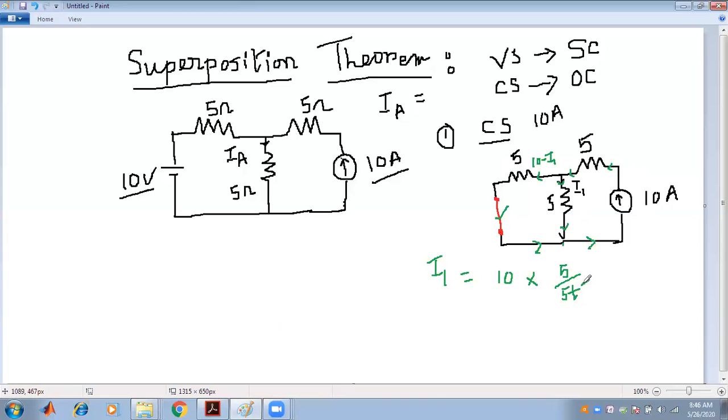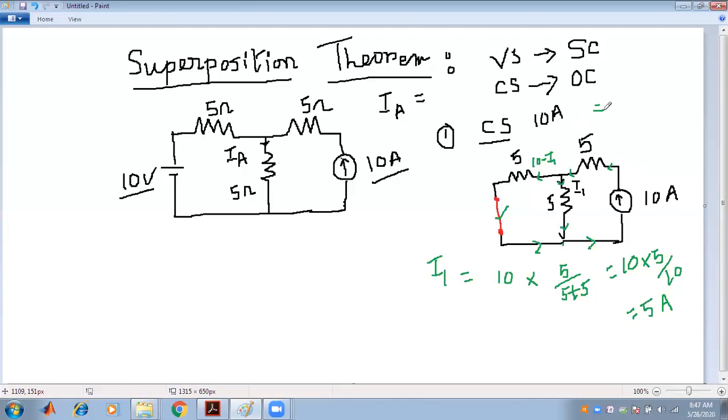So the current I1 that we get when the 10 ampere source is active is 5 ampere.